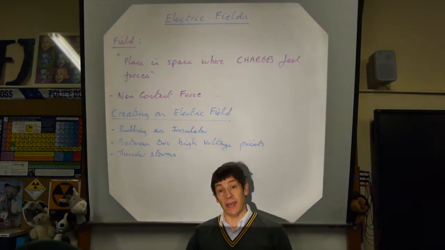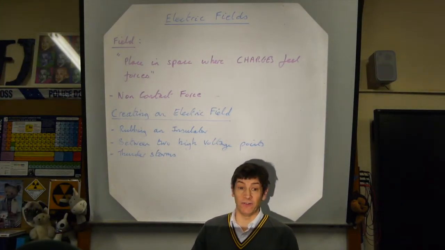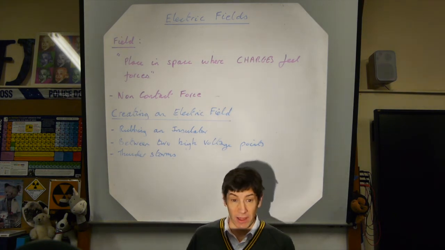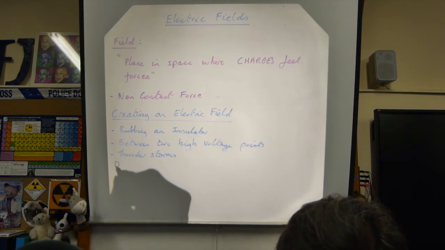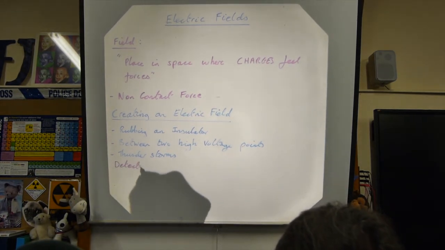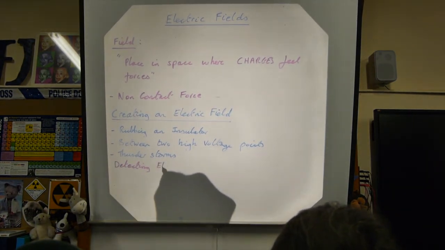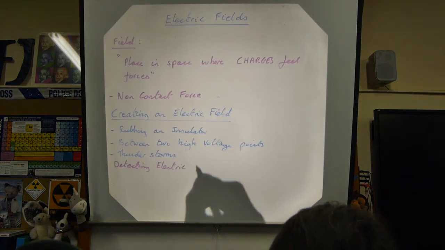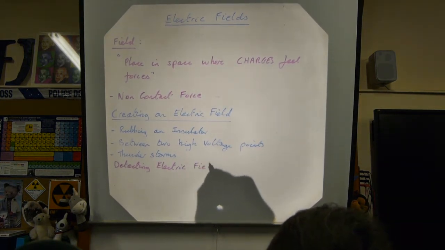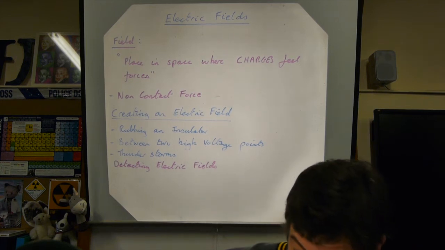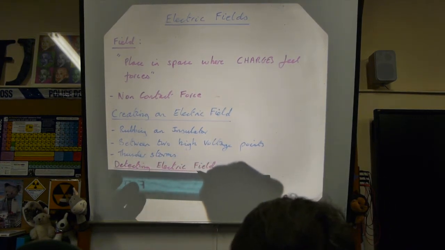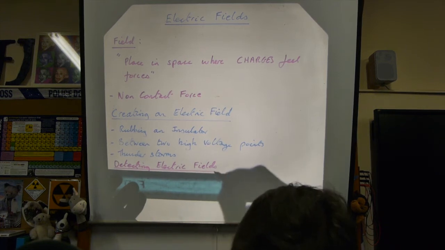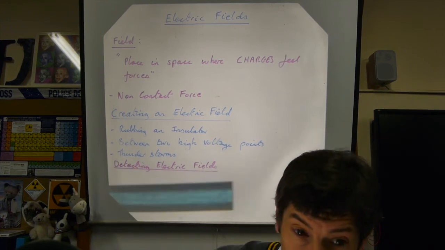So let's quickly look at how we can actually create an electric field with a diagram, and then how we can detect it. So, detecting electric fields. Obviously, there will be an electric field between two objects at a different voltage, in other words, if there's a potential difference across them.